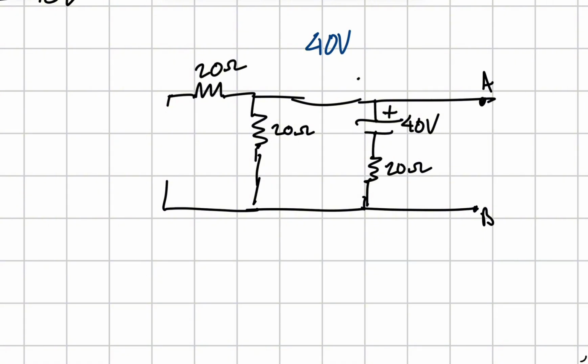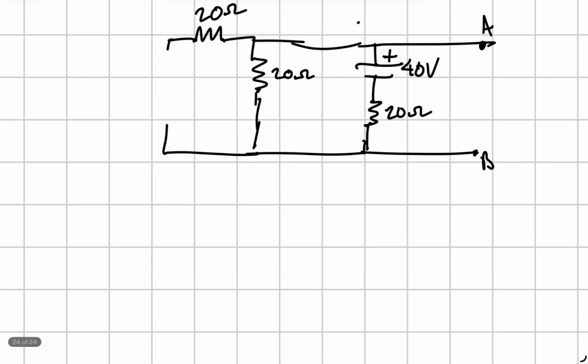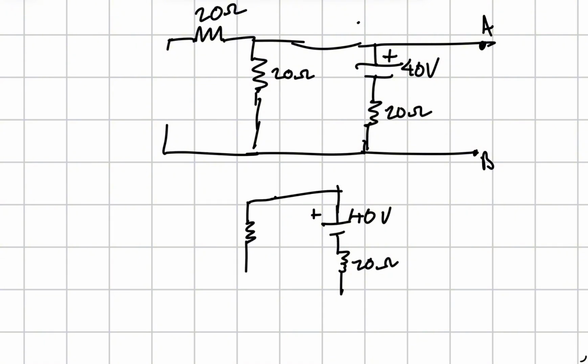Now this is a bit harder to picture, because the A node is right next to the voltage source. So the way that I would do it, I would flip it so that this voltage source is still here, 20 ohms, then 20, actually no, I'm going to draw it like this.